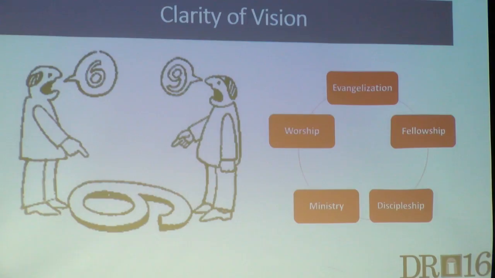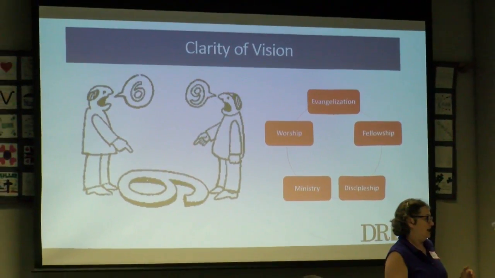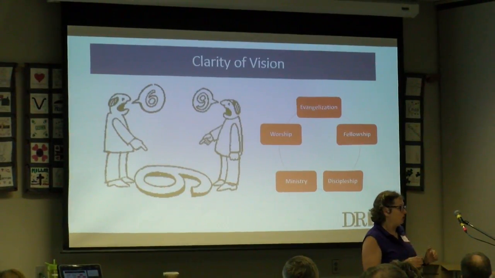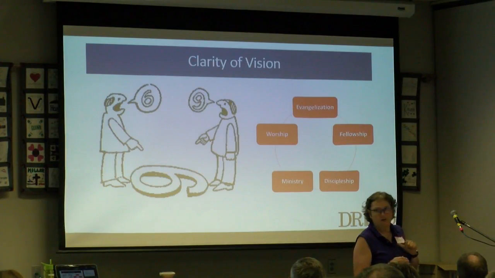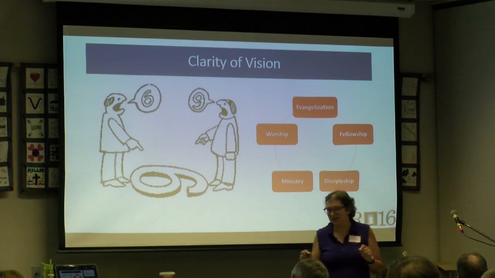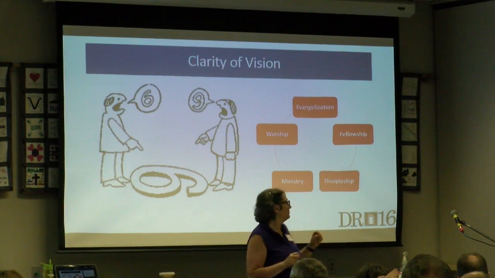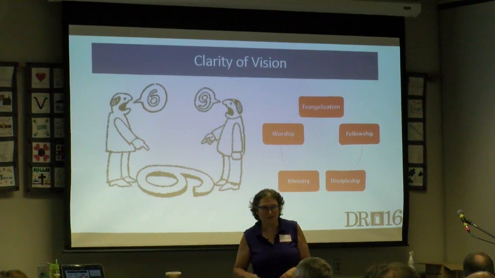We can talk for a whole hour over a cup of coffee about our favorite pets. And we could be talking for a whole hour before it dawns on us that you're talking about a cat and I'm talking about a dog. Right? So getting clarity of the vision and clarity of the definitions was really, really important.